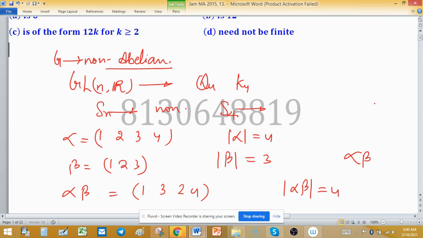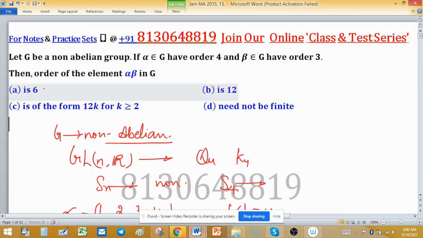So as the order of alpha beta is 4, option 6 is discarded, 12 is also discarded, and of the form 12k where k is greater than or equal to 2 is also discarded. So the correct option will be option D.